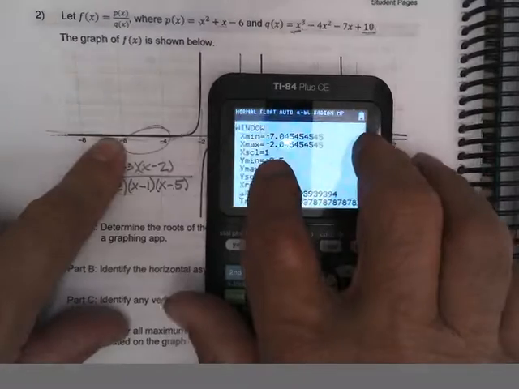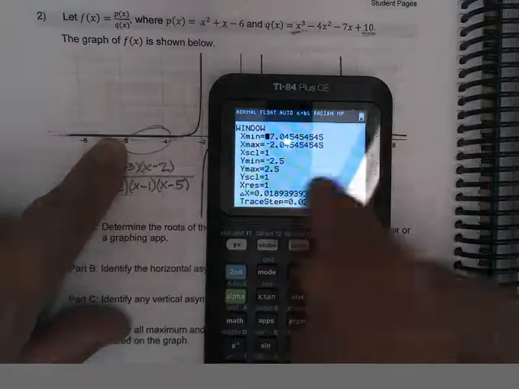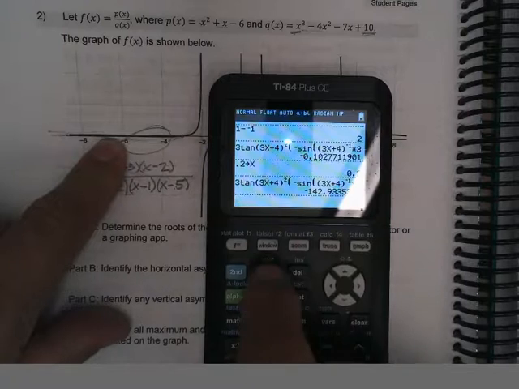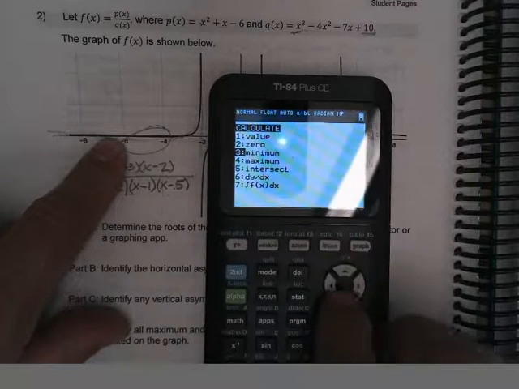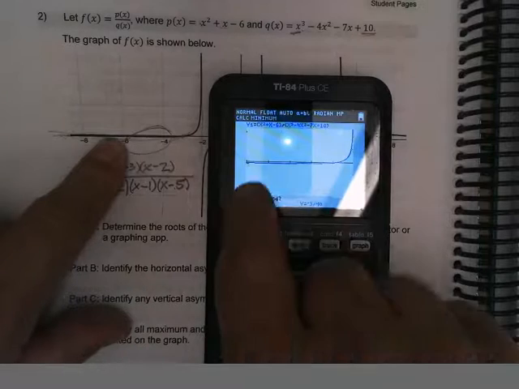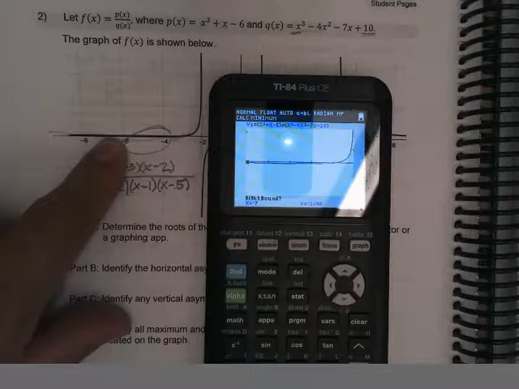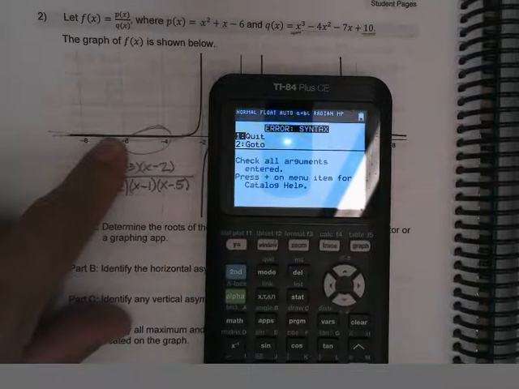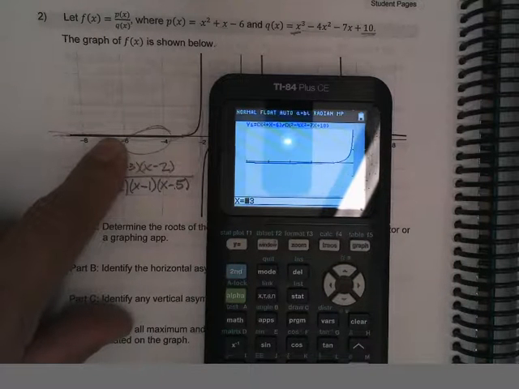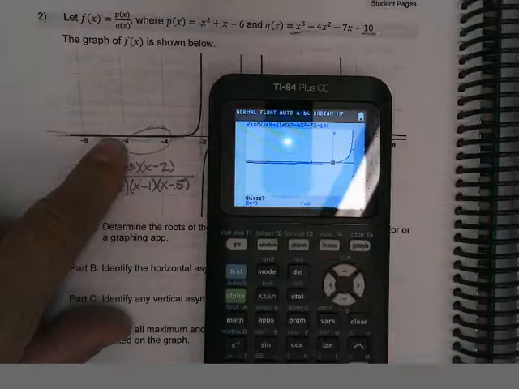My window goes from negative 7 to negative 2, so negative 2 is not on there. That's what's happening. Second, quit. Second, calculate the minimum between negative 7, that's right on the edge, and negative 3. Oh, I hit the wrong negative. Negative 3. So negative 7 to negative 3, I'm going to guess negative 5.